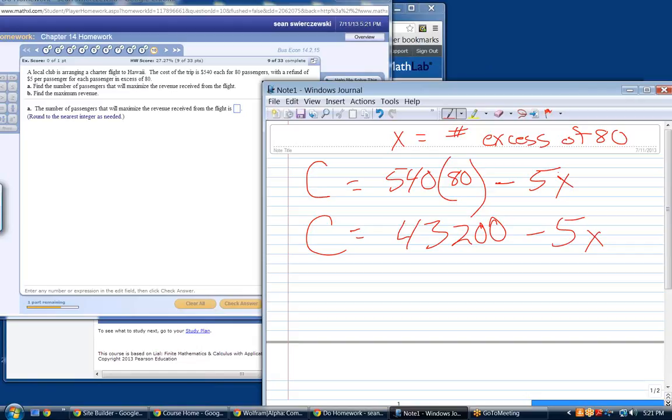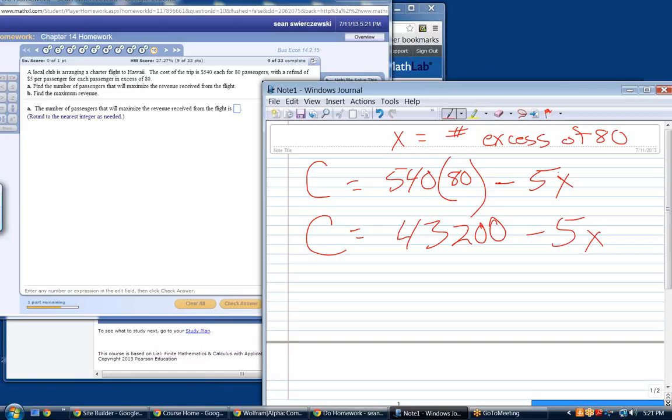Find the number of passengers that will maximize the revenue received from the flight. I got something wrong here.